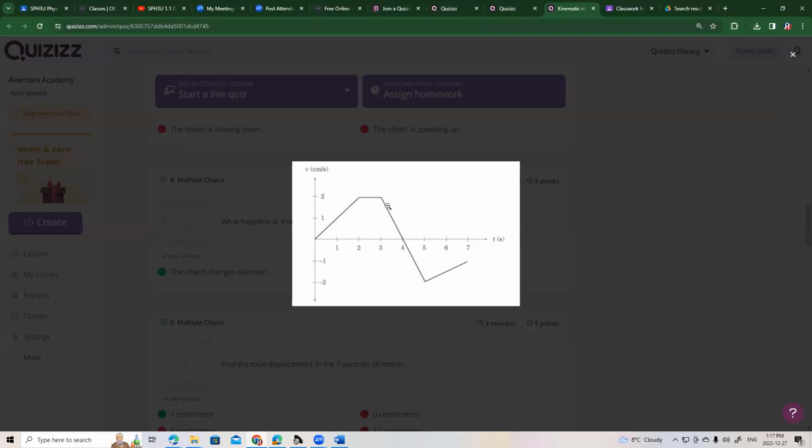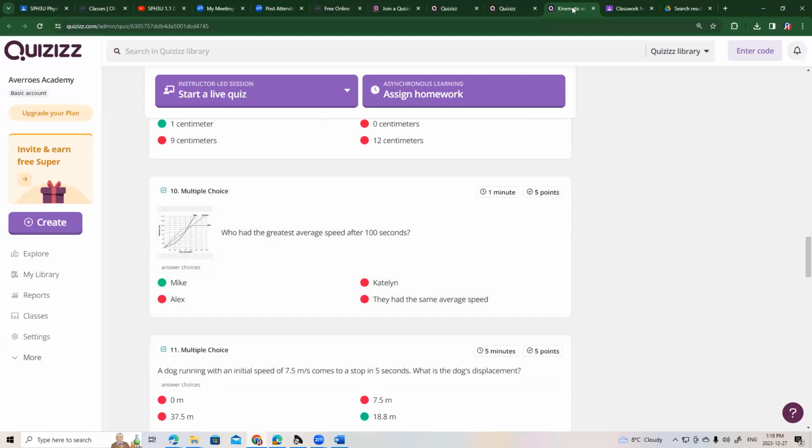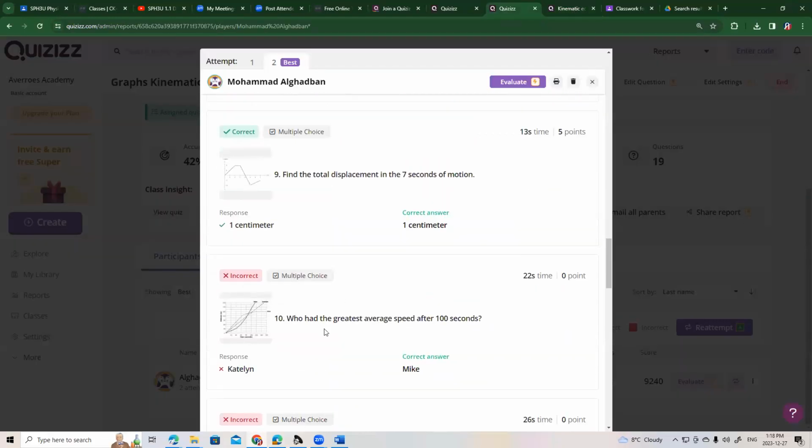Okay, so it changes direction. So it goes, for example, south. If north is up, south is down, it goes south and then changes direction. So as time goes by, it goes further and further away. So velocity increases in the opposite direction. Okay, so we count the direction changed here.